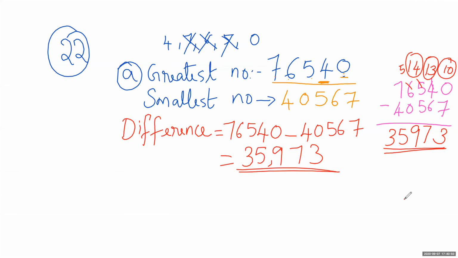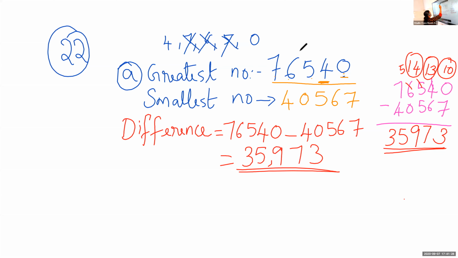Now children, do the next question number B alone, faster. Find out the greatest number, find out the smallest number, then find the difference. Same like A, you can do B. Jenica, please unmute.